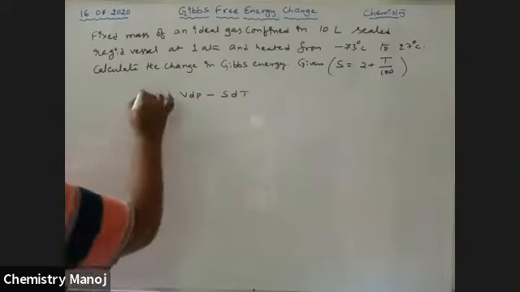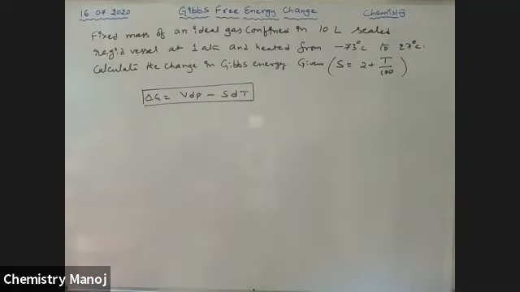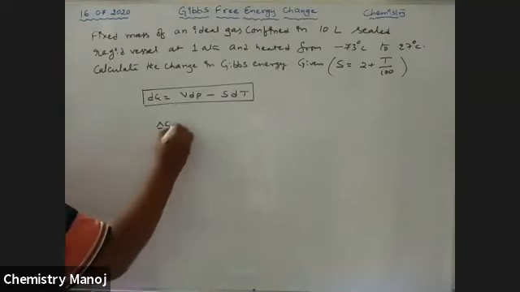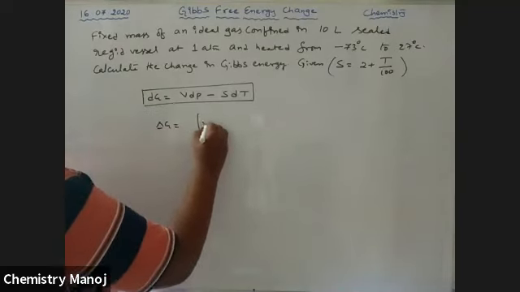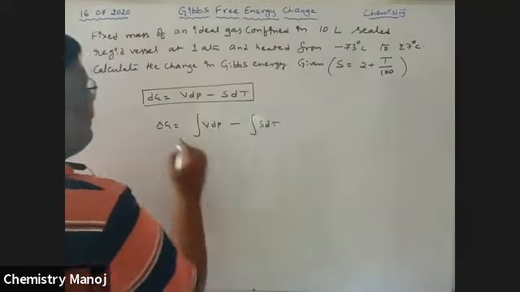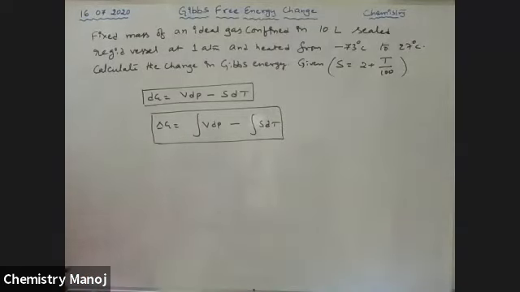This is the formula, so the formula is already given to you. I'll try to solve the problem. It is dG, so delta G is equal to integral VdP minus integral SdT. If possible, try it.